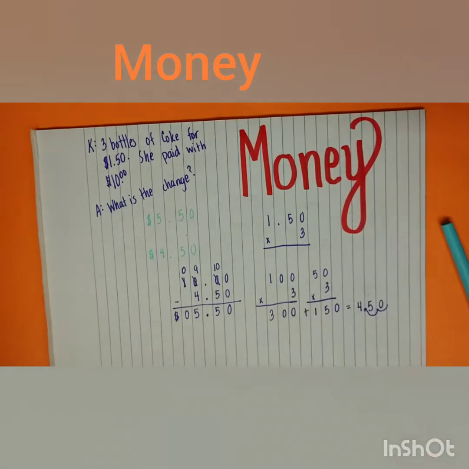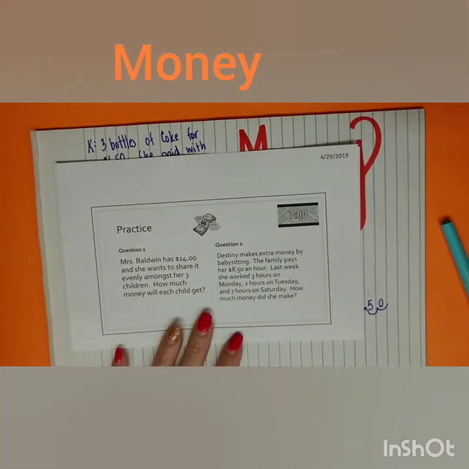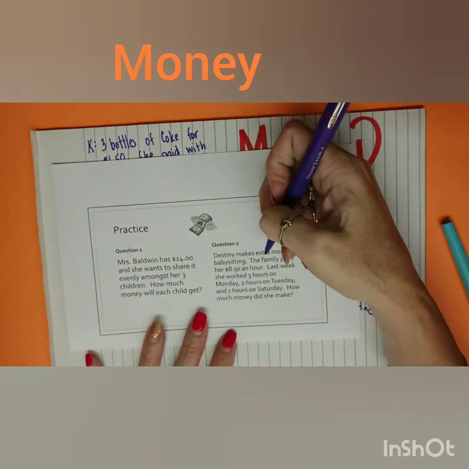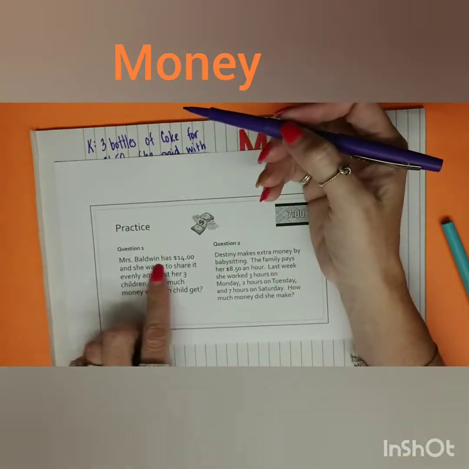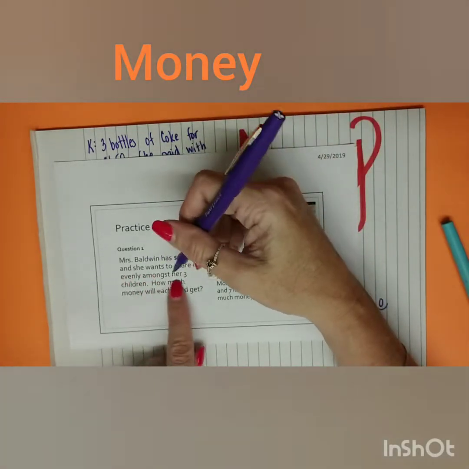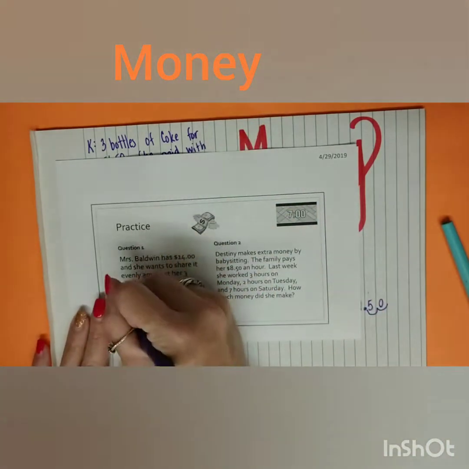And so now there are a couple of papers that you need to have. This was the practice, and you would be using your money to help you with this, or computation. You have 2 practice problems. Mrs. Baldwin has $14. She wants to share it evenly amongst her 3 children. How much money will each child get?